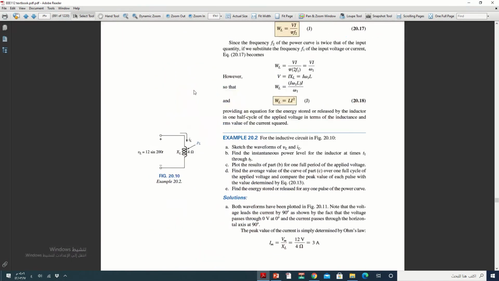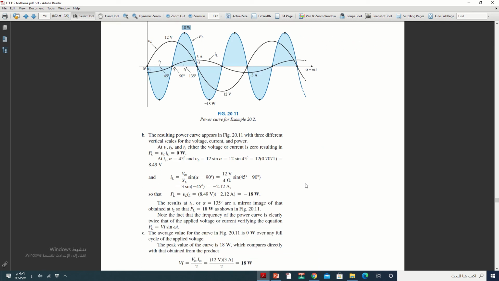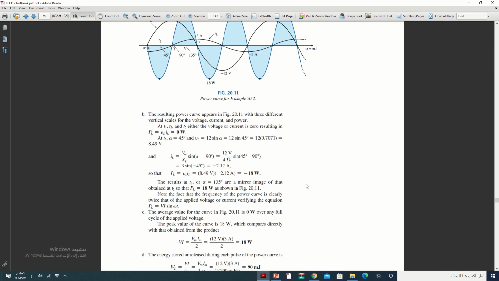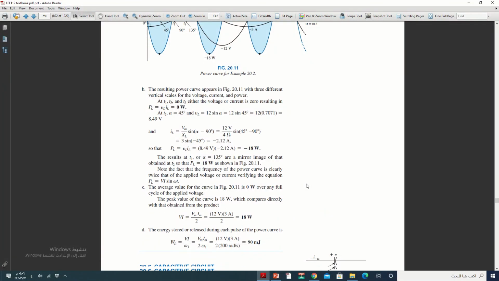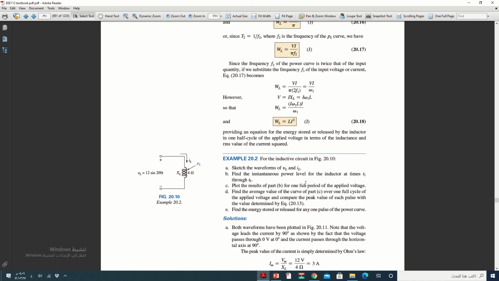Part D: find the average value of the curve in part C over the full cycle of the applied voltage and compare the peak value of each pulse with the value determined by equation 20.30.